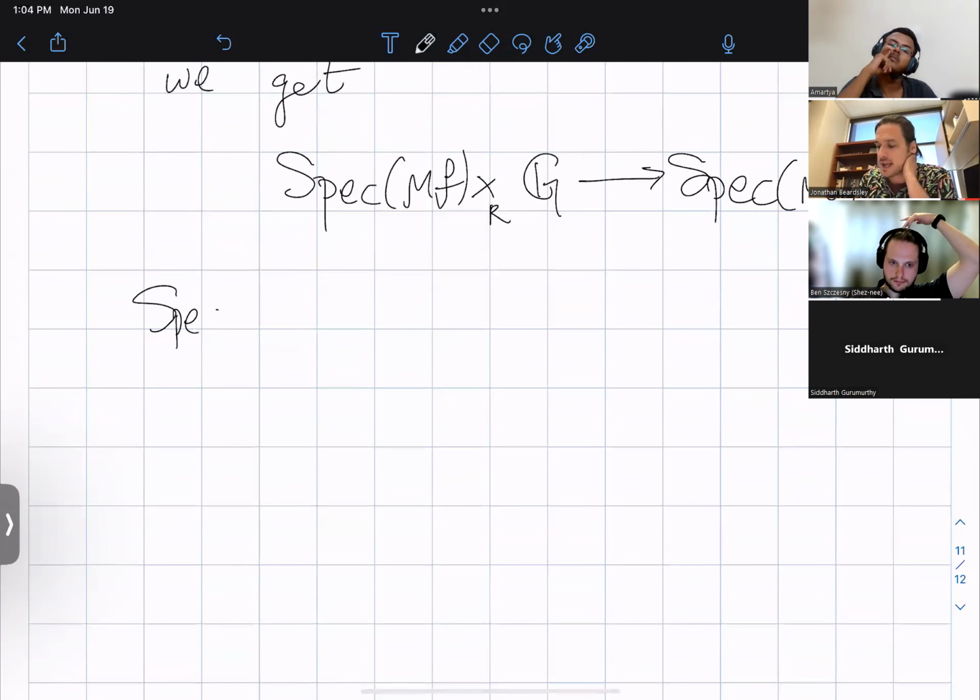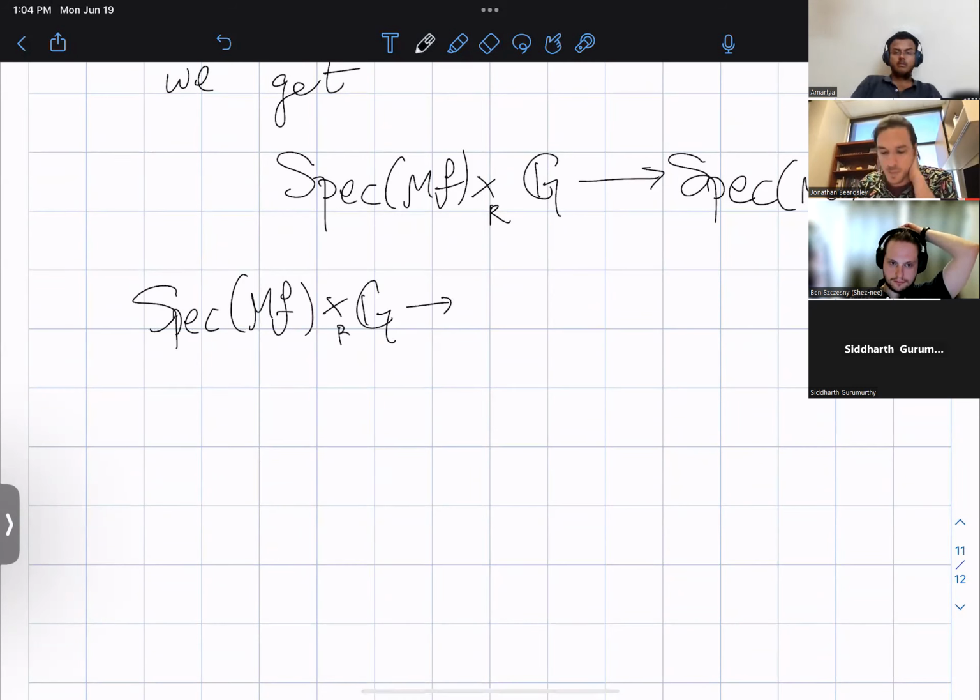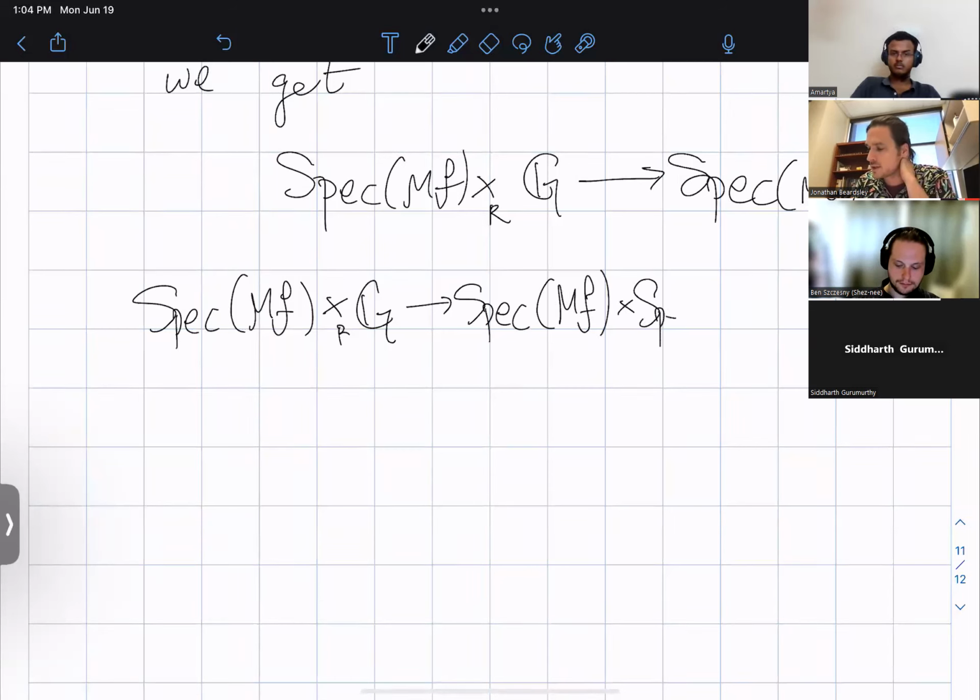And then you also get that spec of MF crossed over R with G. The first thing you can do is apply the diagonal map of spec of MF, because it's just the opposite of the tensor.